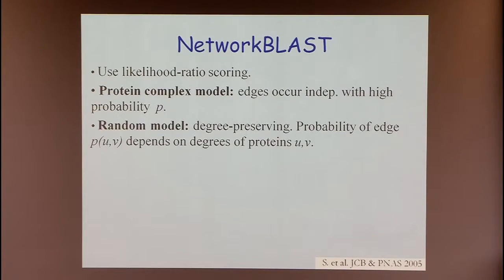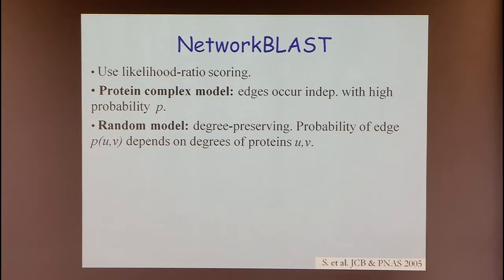The standard in the field, because of the power law behavior of the networks, is to assume a random graph model in which all the edges are random, but what you maintain are the node degrees. You can think of how you create it: you take the network and rewire the edges, maintaining the node degrees.